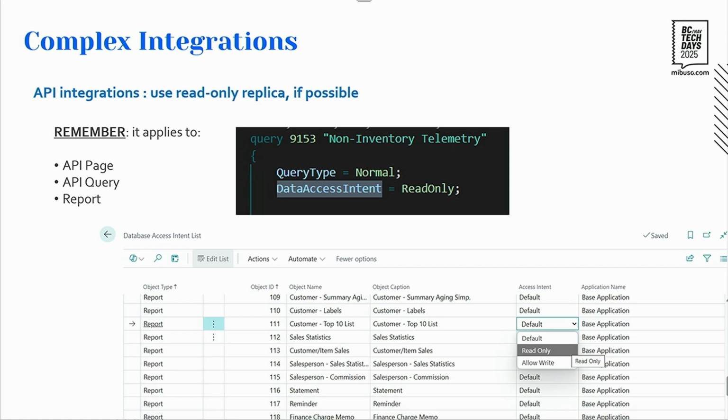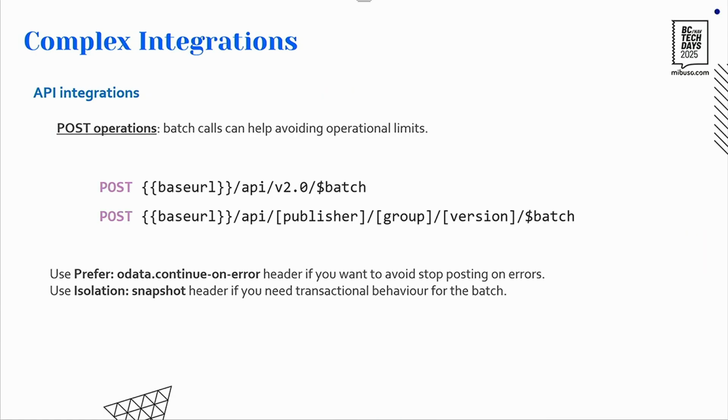You know which are the most used reports, you sort by count, take the first 30, and then put data access intent on. I did it, honestly, and then someone came back stating, I have an error, so you go back in here and put that back to read, write, and then this one is working. But the other 29, right now, are being offloaded onto the read-only replica, if you know that you have a read-only replica, of course.